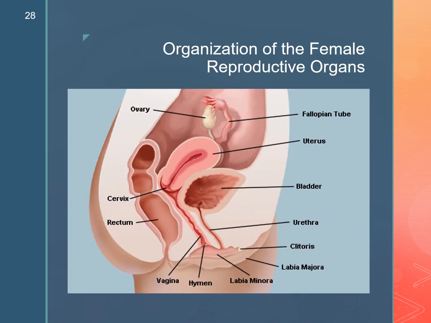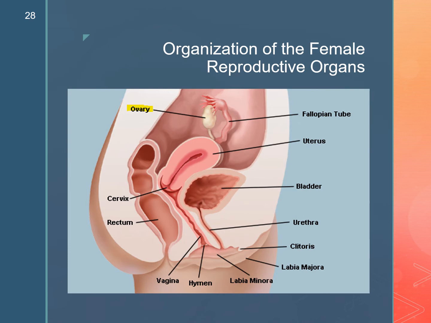Here is our image of the female reproductive organs, and here I'm highlighting in yellow the ovary. That is our essential organ. Everything else is considered accessory organs, except the rectum, which is not a part of the female reproductive system, but it is on this image here. So we can see the uterus, and that neck of the uterus is called the cervix, which extends into the vaginal canal.